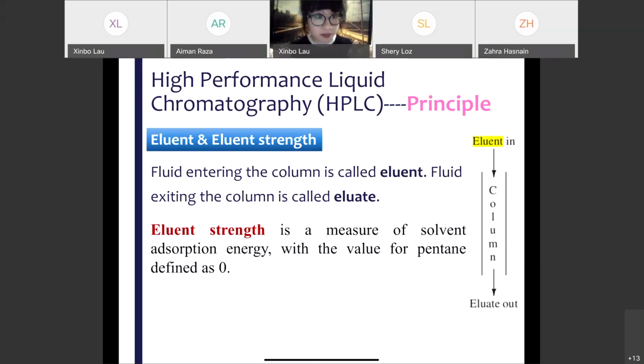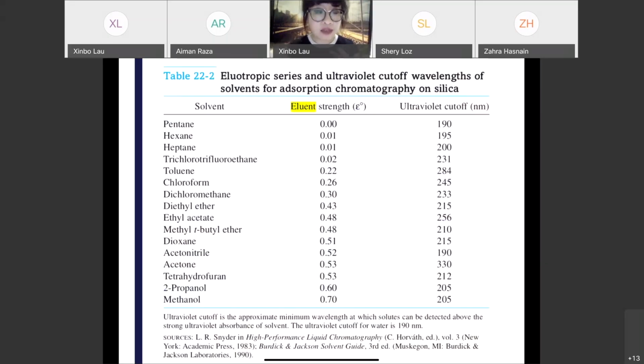From another perspective, is this going to take forever to separate my sample, or can I adjust the polarities of my solvent and get a good separation and get them out relatively fast enough? So that's another parameter you can play with when you design experiments.